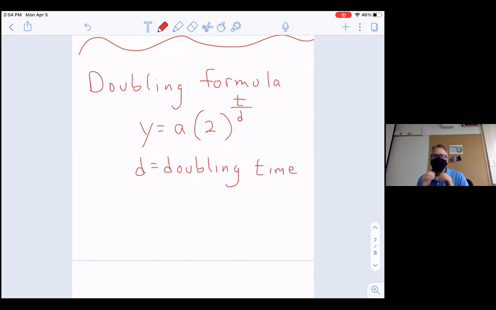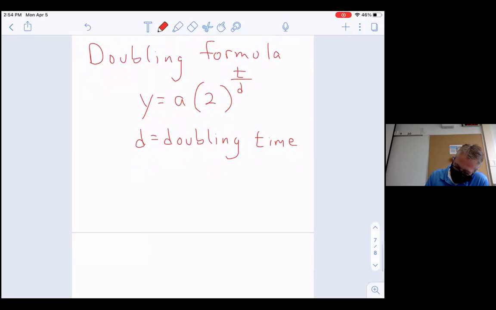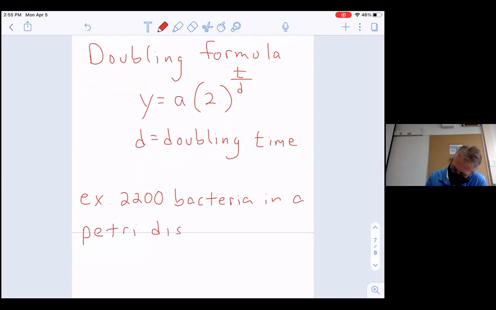All right, so let's say, for example, we have 2,200 bacteria in a petri dish, and they double every 10 hours.